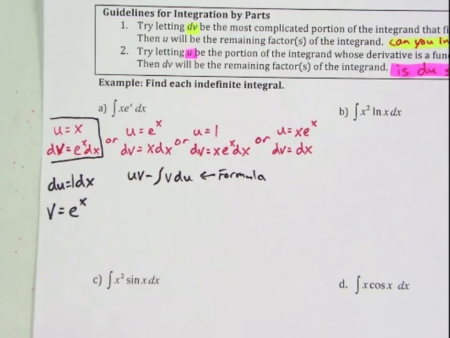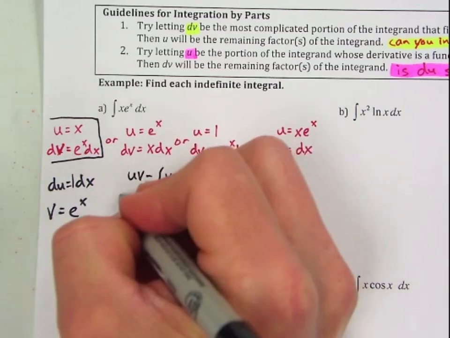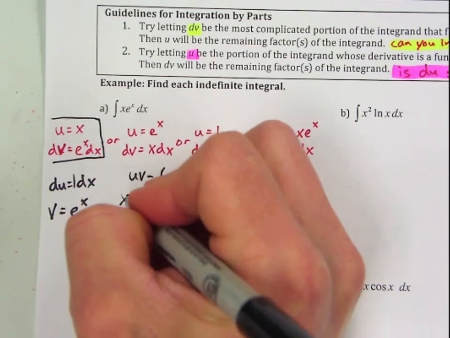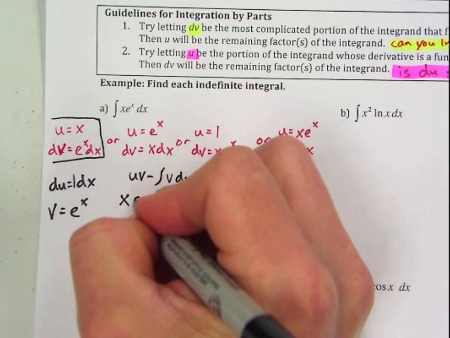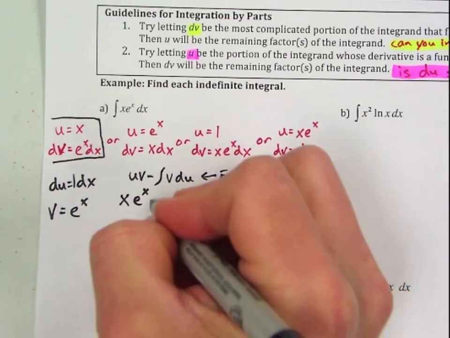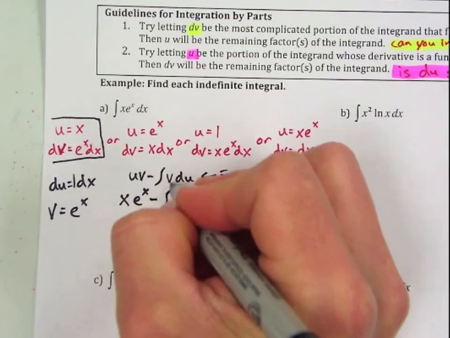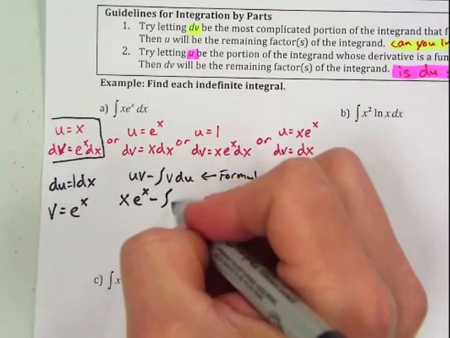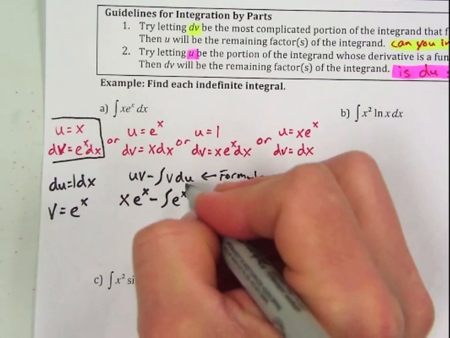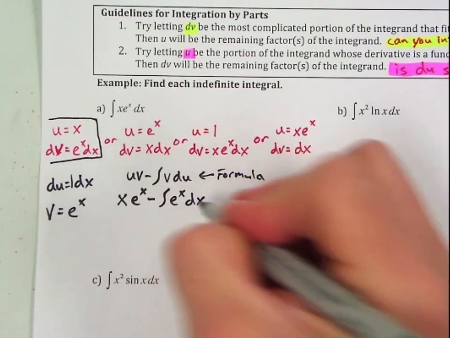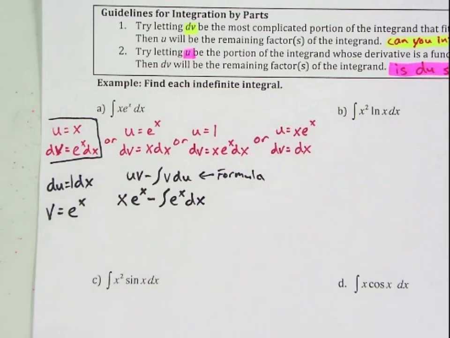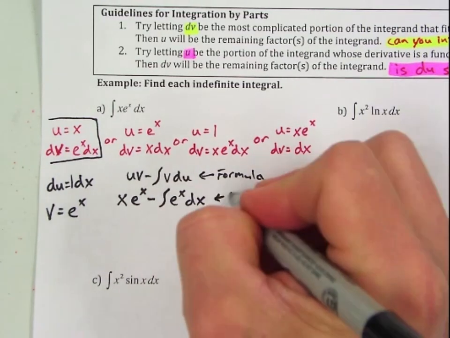So u is x, x e to the x, and then v is e to the x. Minus the integral of v du. So v is e to the x, and then du is 1 dx, so we can just write dx. So here we substituted.